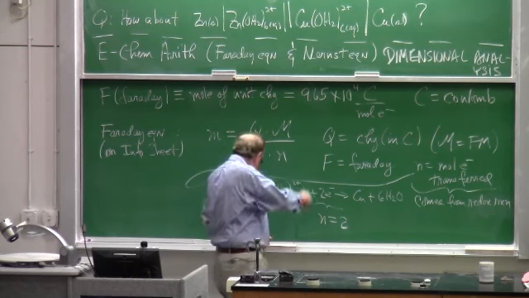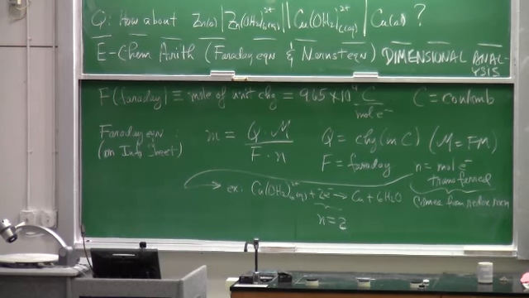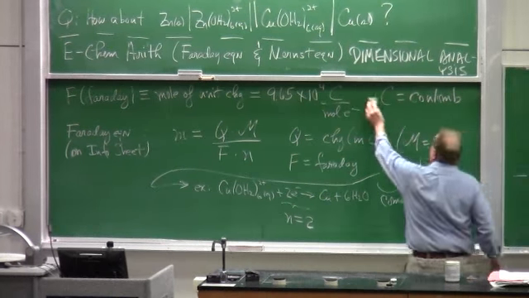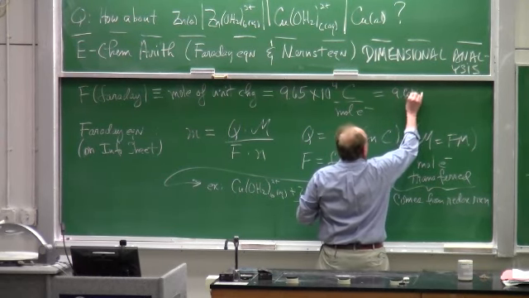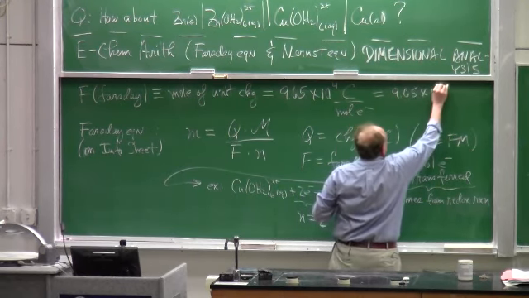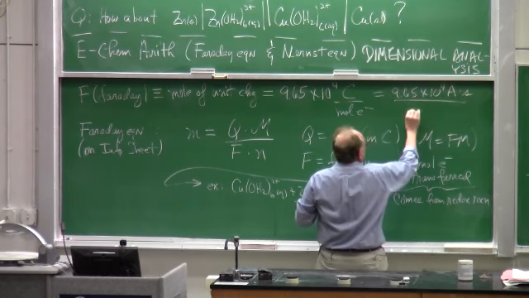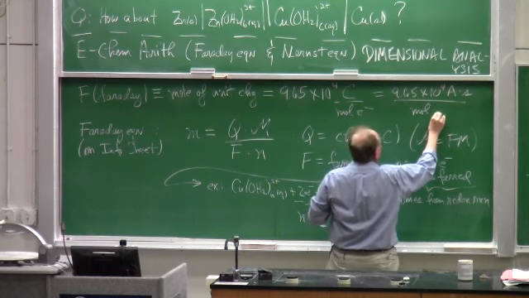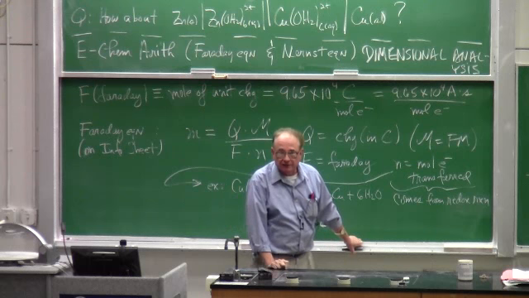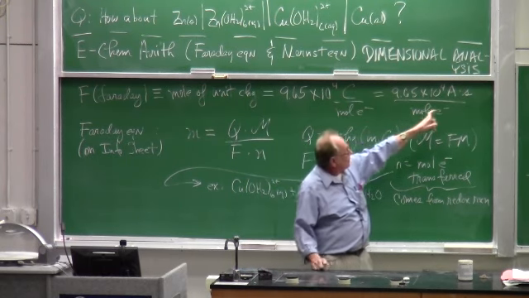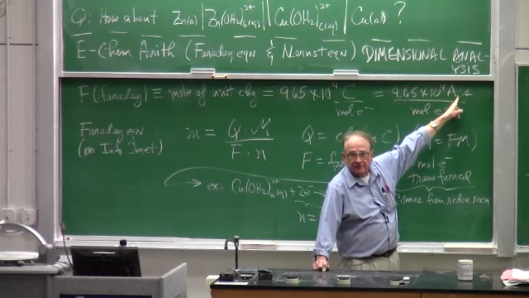Because this thing, which I should have written up here but didn't, the Faraday, is also this, because a coulomb is the product of amperage times time expressed in seconds.